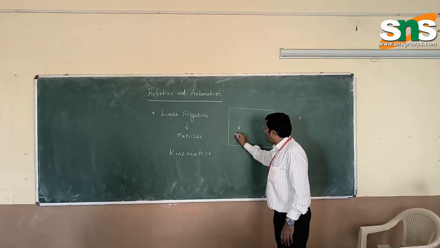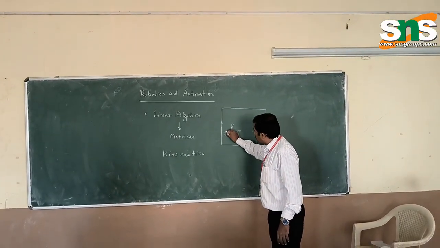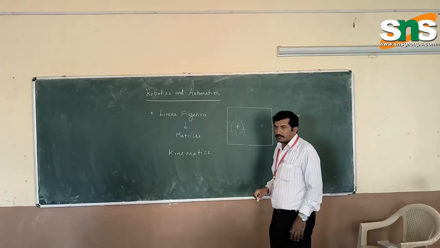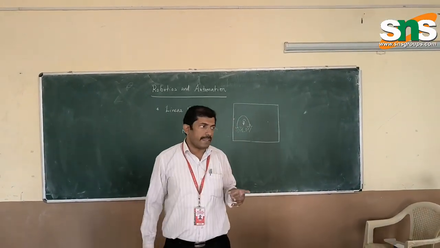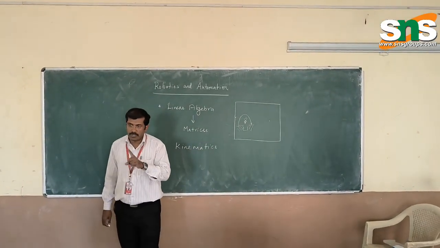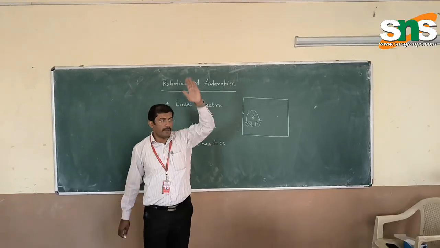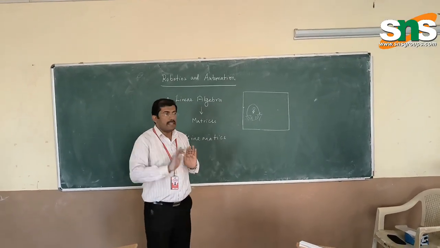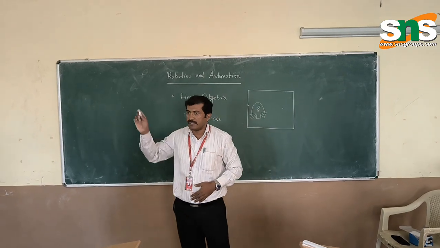There is a hole, and there is a box from here and another box, and it will jump from here to here. So the object will take only two positions, along the x-axis and y-axis. It will go either front, back, up or down. It will take only linear positions. It will move in a straight line, not in a curved manner.